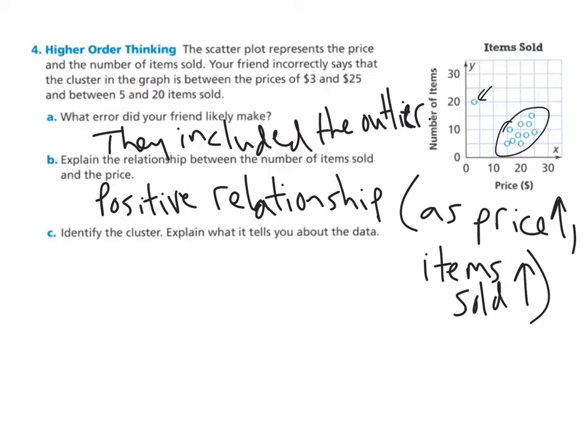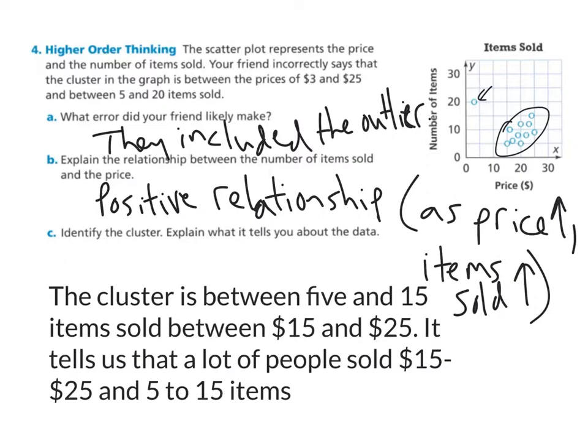And then part C, they want us to identify the cluster and explain what it tells you about the data. So to be specific on the cluster rather than just circling it, we could say that the cluster is between 5 and 15 items sold if we look on our y-axis, and then between $15 and $25.